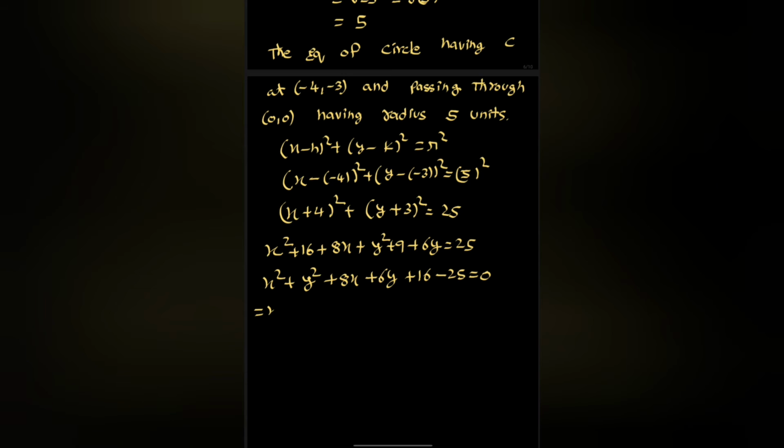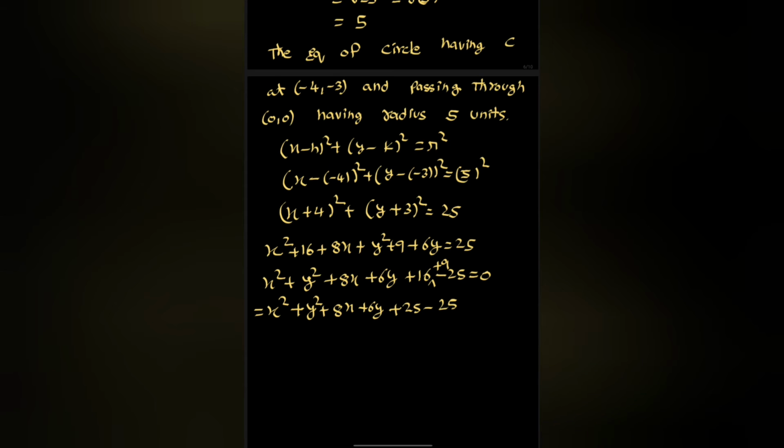That is x square plus y square plus 8x plus 6y. Sorry, here also plus 9, then plus 25 minus 25 equal to 0. Then we get x square plus y square plus 8x plus 6y, and plus 25 minus 25 get cancelled, is equal to 0. So this is the answer.